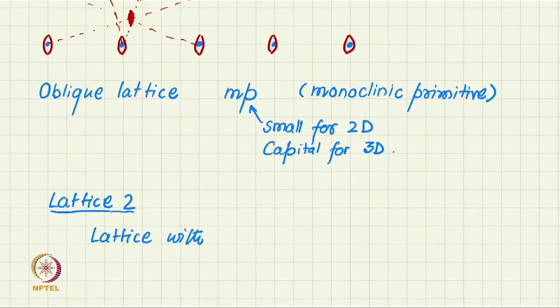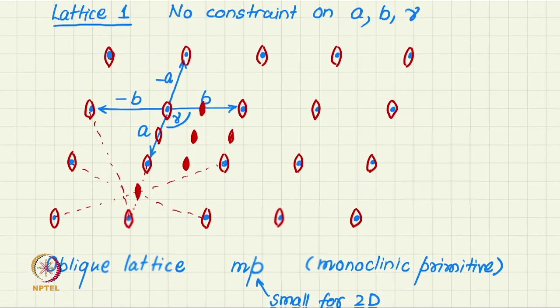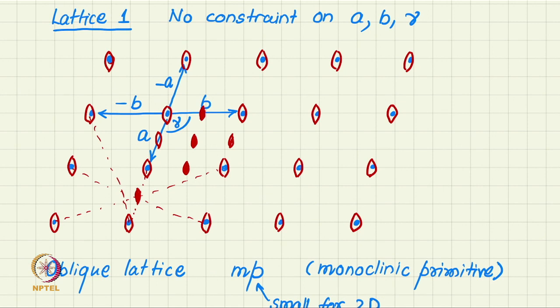Because although this has twofold, if A, B and gamma are arbitrary, you are not seeing anywhere any mirror plane. There are no mirror planes in this. So, this oblique lattice is lacking mirror planes. You can't draw any plane in which you can reflect and get the lattice point into self coincidence.